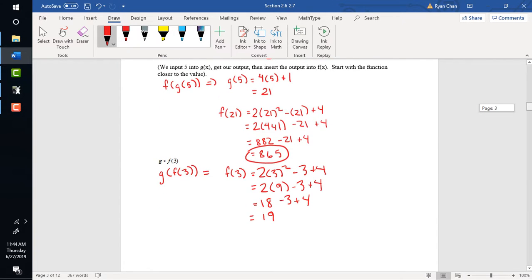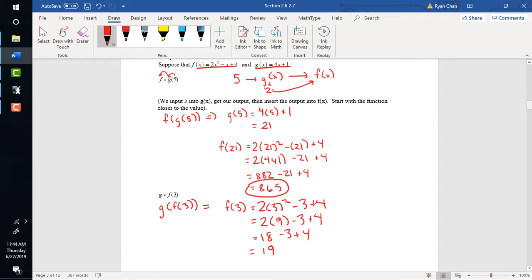I'm then going to take my 19 and plug it into g. So g of 19 is equal to 4 times 19 plus 1. So I have 76 plus 1, and that's 77 here.